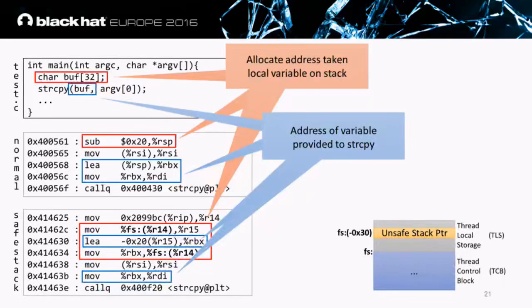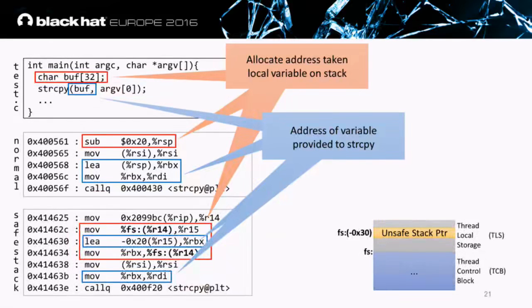So instead of using the RSP pointer and getting an address to the stack, it gets an address to the unsafe stack. So in the third block in the SafeStack example, it retrieves the address by reading the value in R15. And in the normal example, it uses RSP.